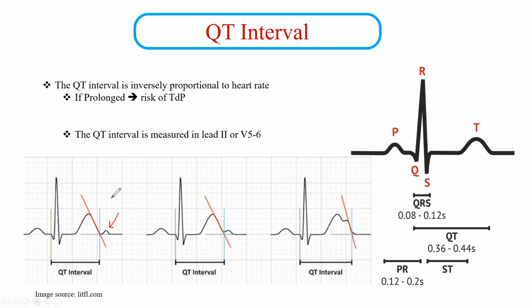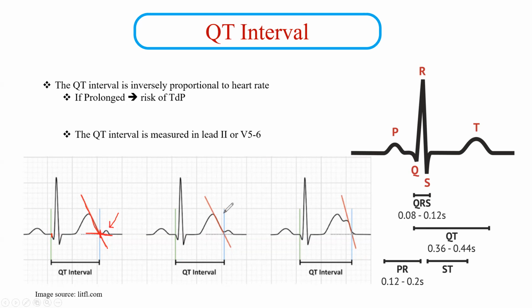How to determine this is very easy. We take the longest slope of the T wave and draw a line on it. Once it dissects the isoelectric line, this is the point where we stop the calculation. So we start from the Q wave till the end of the T wave at this point.